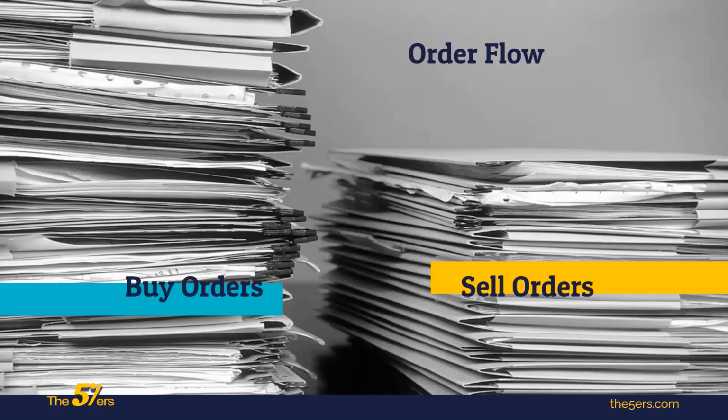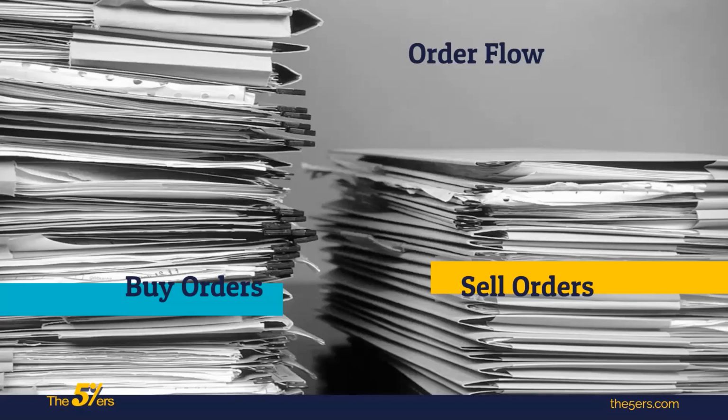So imagine that at the exchange, at any price level, let's say euro US dollar at 1.1, there is a certain amount of people willing to sell at 1.1, and a certain amount of orders willing to buy at 1.1.